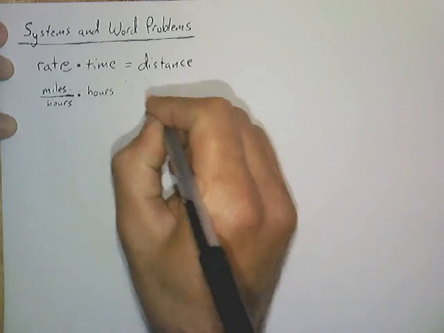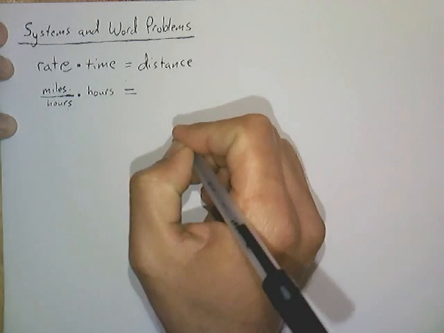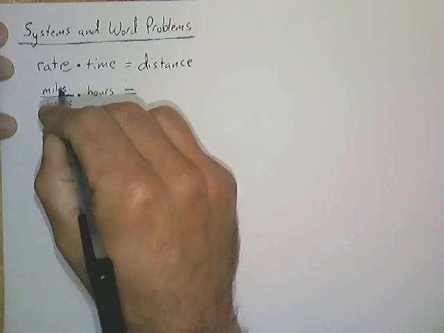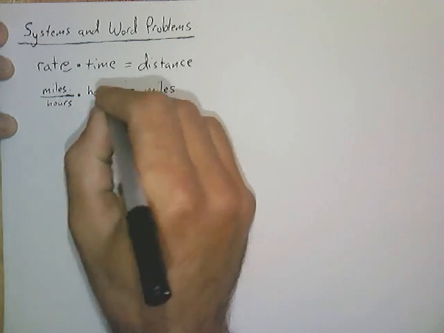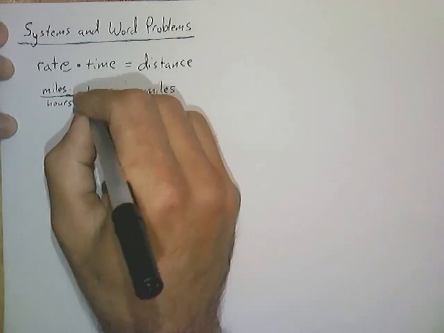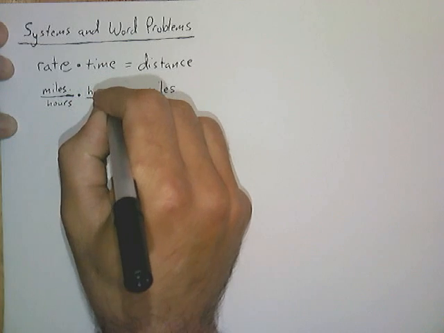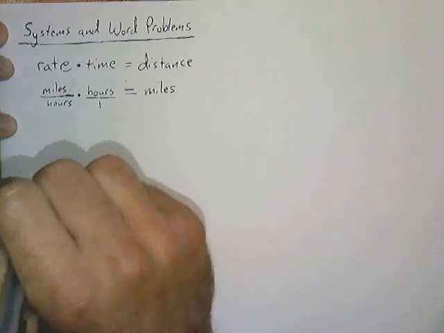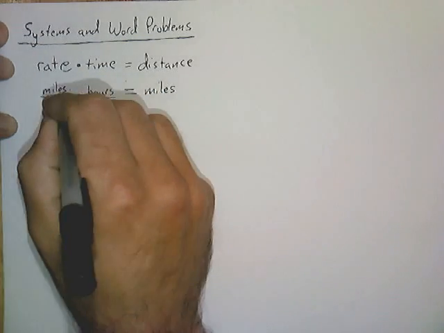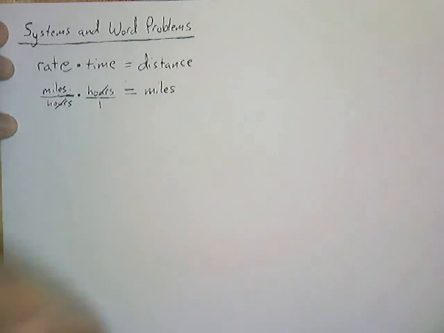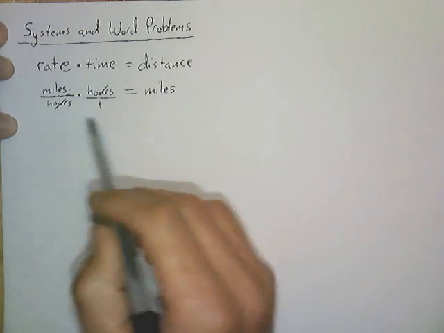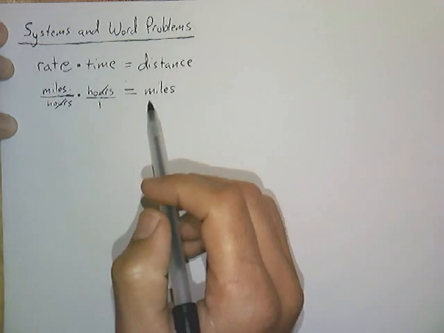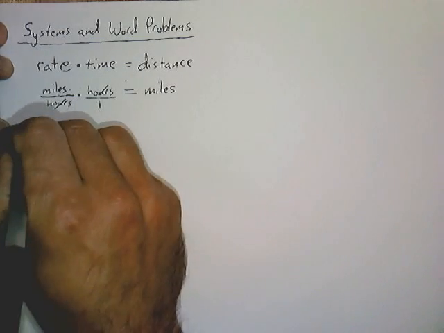So we multiply that by hours. And what happens, of course, is we're going to get a distance out in miles. The reason being, we're multiplying these two fractions together, if you think of hours as hours over 1. Hours cancel out, and what we're left with is just miles. Okay. So every single word problem that we're going to be dealing with involves some version of this equation. So let's just do an example here.